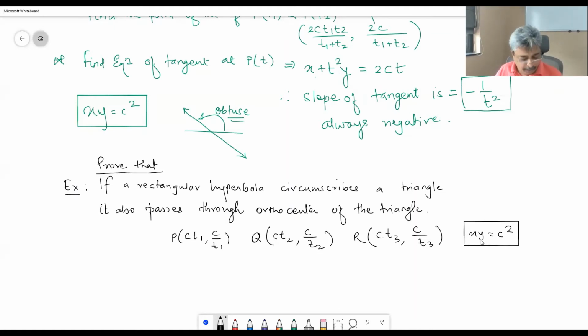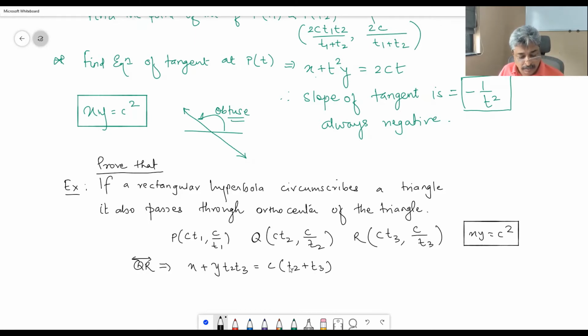All these points will satisfy this equation. Then equation of QR, we have found the equation of chord, so QR is x plus y t2 t3 is equal to c inside bracket t2 plus t3.